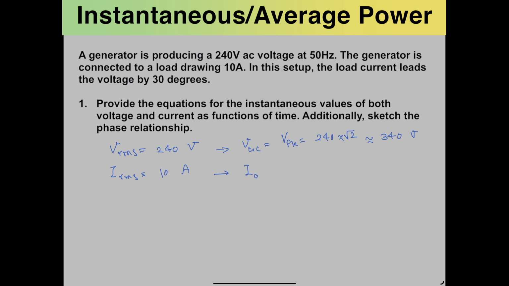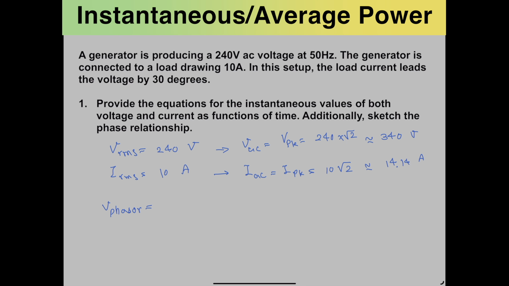And current in an AC format has a peak value of 10 square root of 2, which again equals around 14.14 amps.